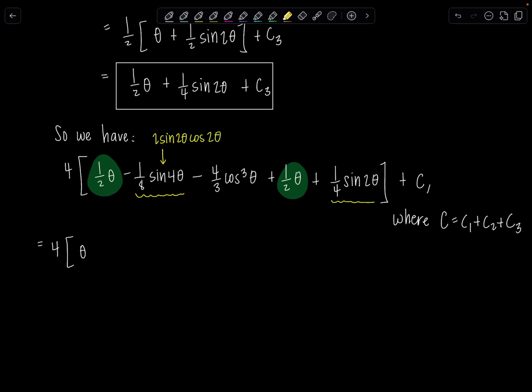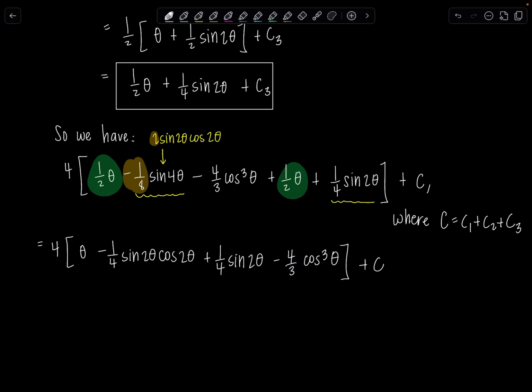And then if I have that 2 times the negative 1/8, then this is going to give me minus 1/4 sine 2 theta cosine 2 theta. And then I'm going to bring over this 1/4 sine 2 theta to be nice and cozy with it, because I'm going to really try to clean these guys up as slick as possible. And then we've got minus 4/3 cosine cubed theta plus c.